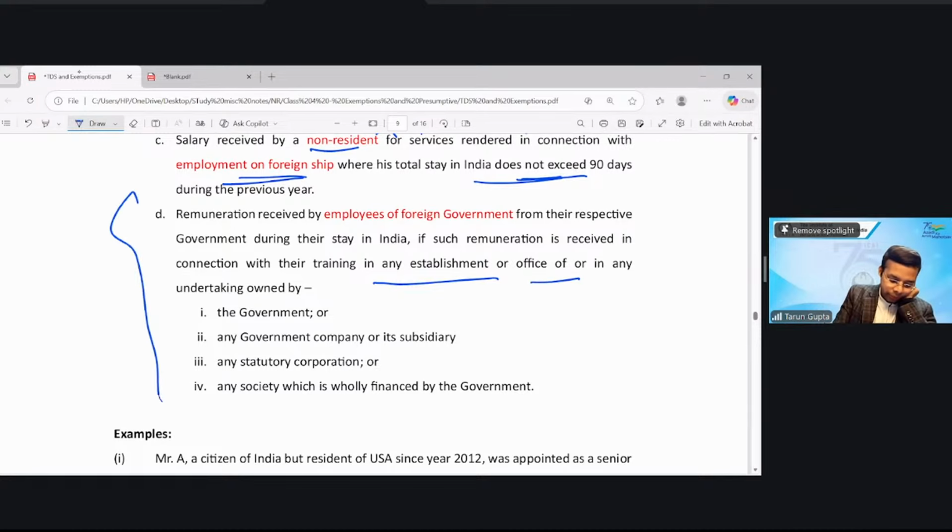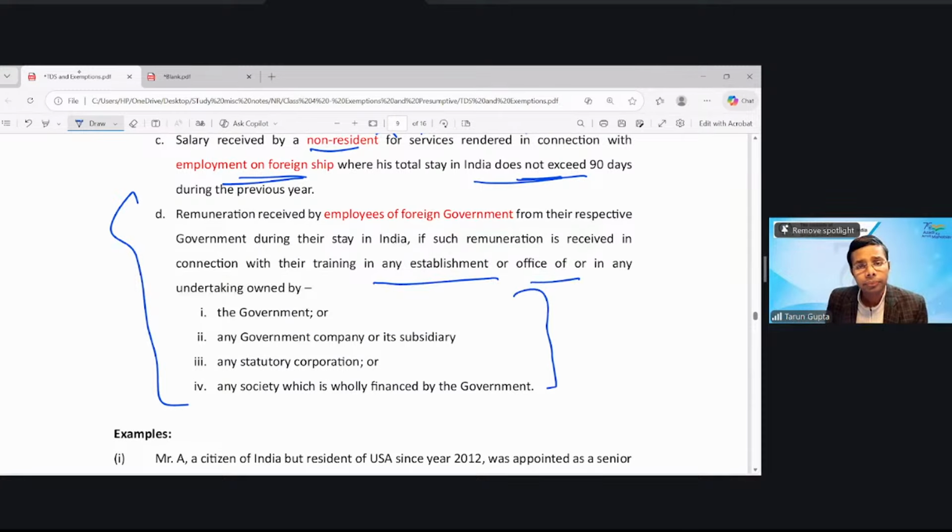So what this clause is, there are employees of a foreign government who are visiting India to give training to the Indian government employees. While they give training in India, they actually render service in India. So whatever amount they receive in their home country shall not be taxable in India.